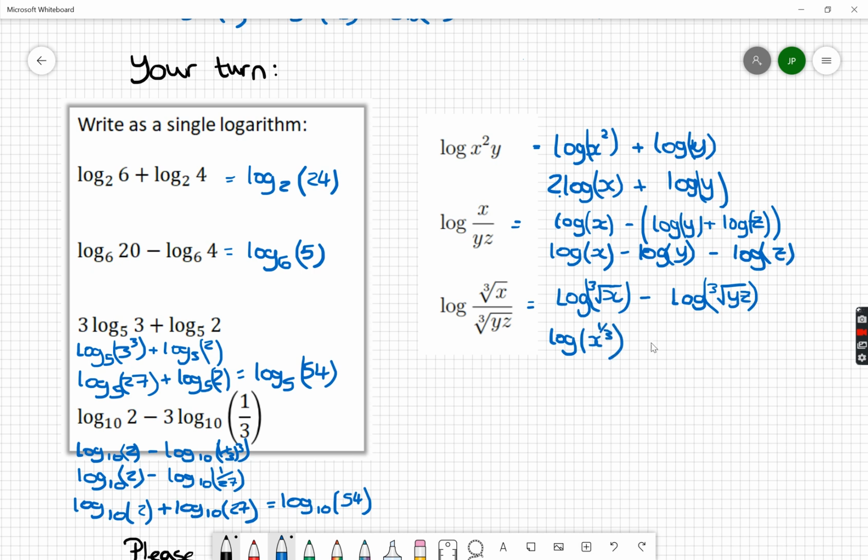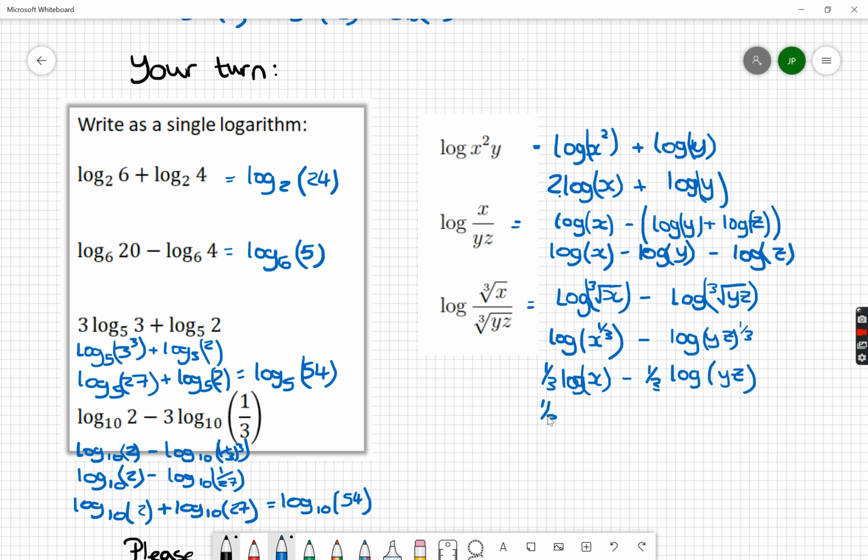Then these are being multiplied together, so this is log of yz to the power of a third. Then we can have a third log x, so take the third out, minus a third, don't need that bracket in there, minus a third log of yz.